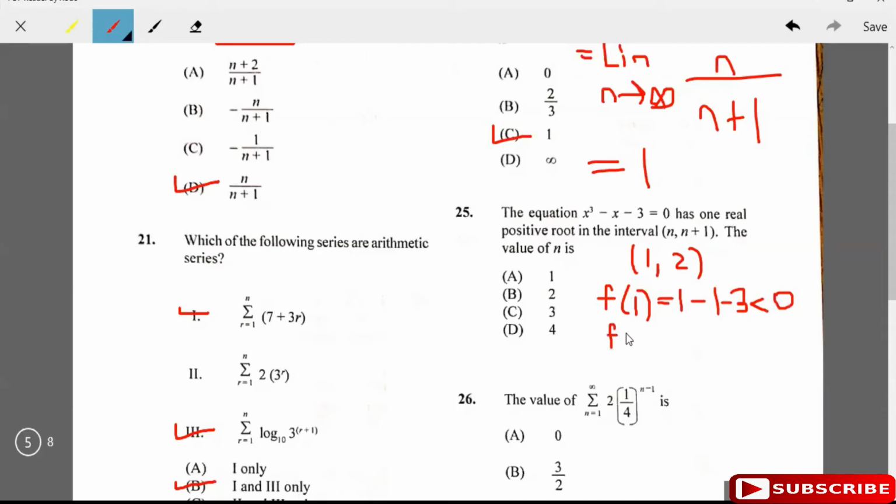And f of 2 is equal to 2 cubed minus 2 minus 3, and that's greater than 0. And so therefore the root lies in 1, 2, and so n must be equal to 1. So that is option A. Easy question.